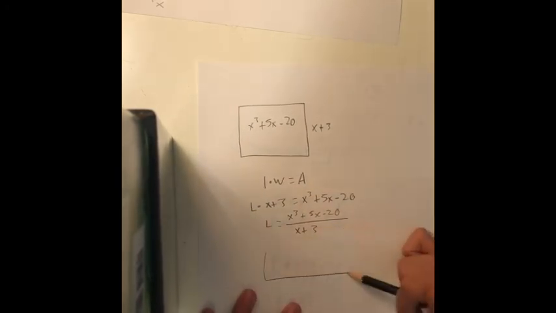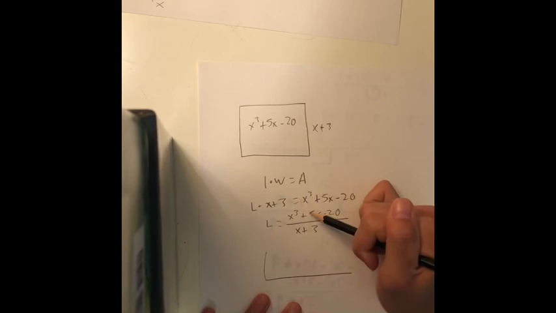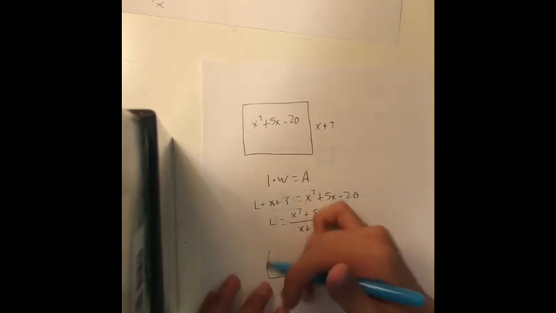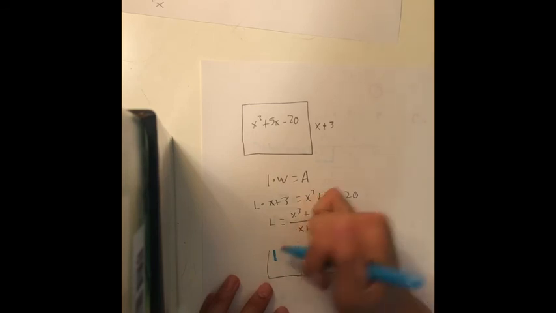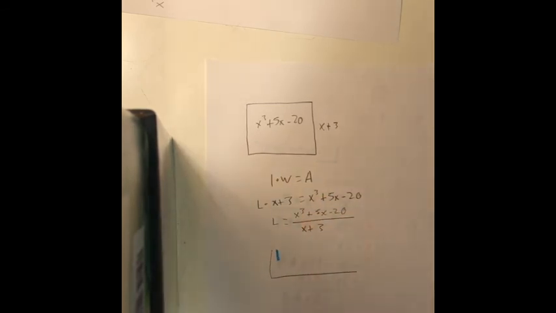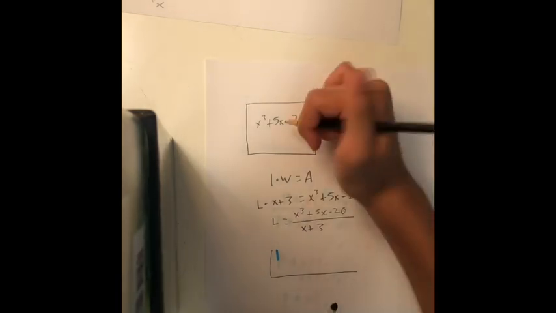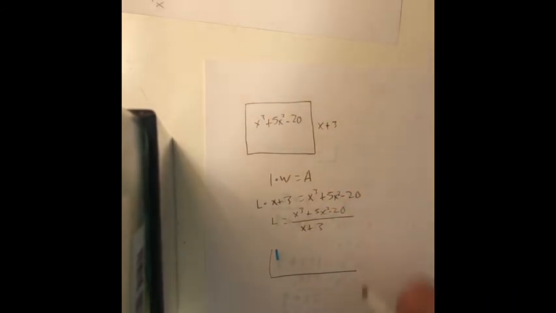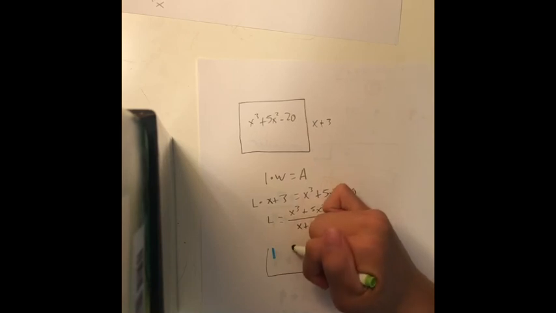Okay, so to start, we're going to make our box. Write each coefficient. One for the x cubed. Oh shoot, it's 5x squared. 5 for the 5x squared.